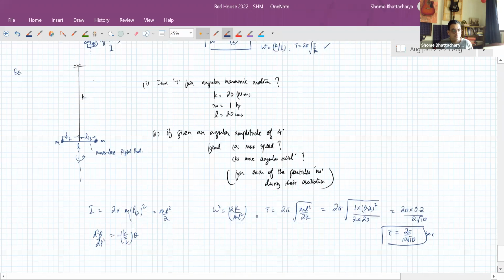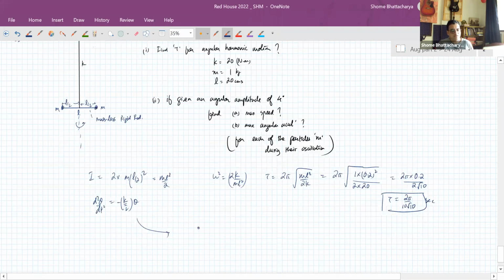Now this tells me that the angular displacement will be like this, where omega is square root of 2k by ml square.